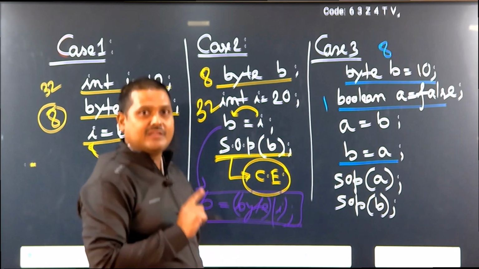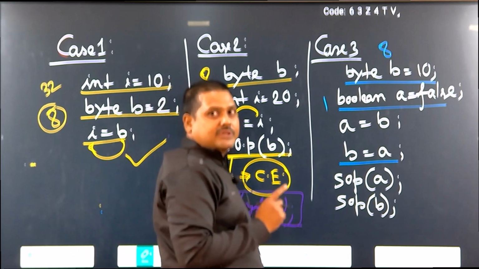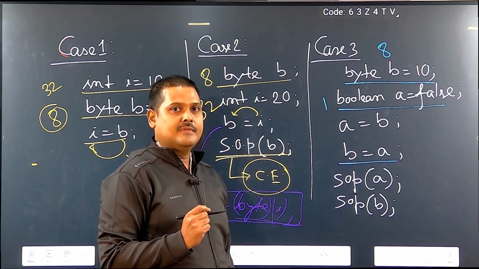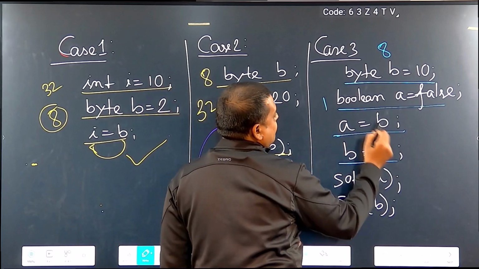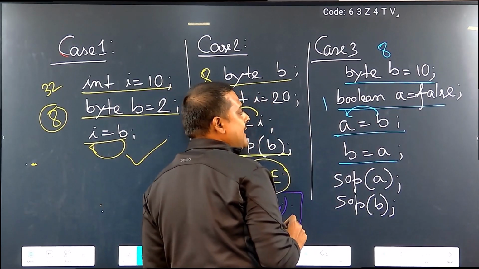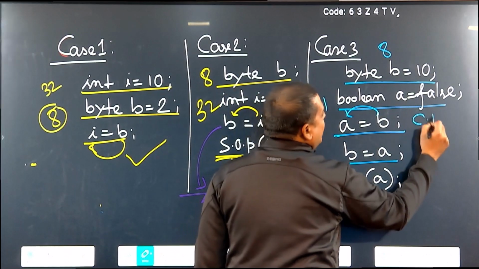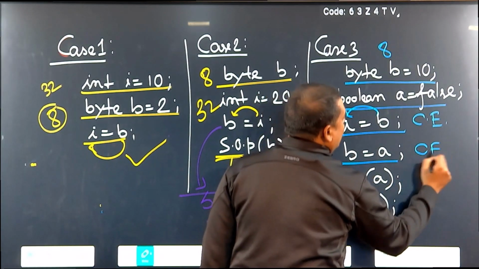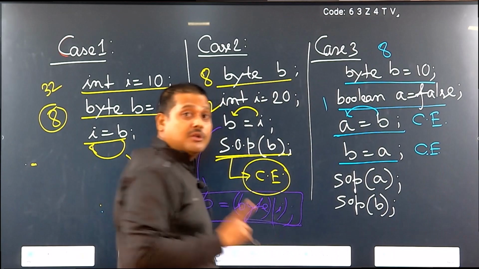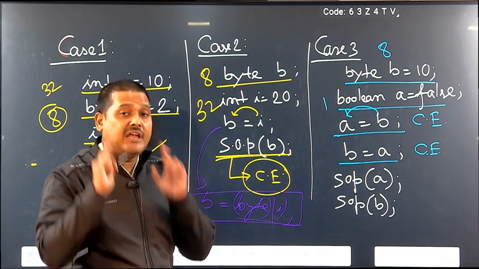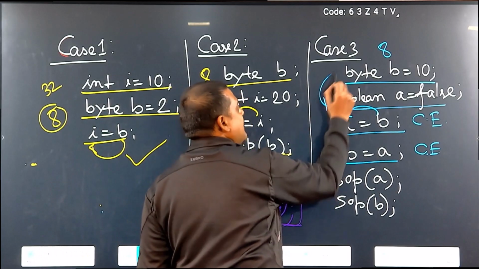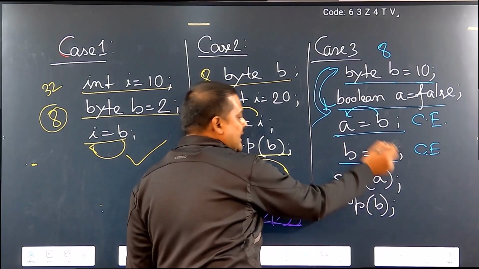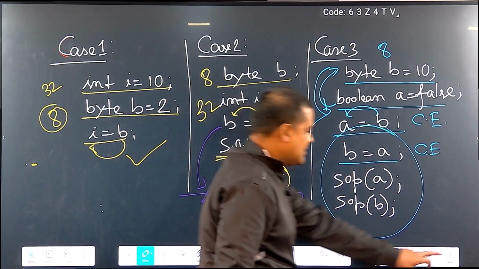Pause the video and think about it. In both cases, this will raise a compilation error. Why? Because always remember, a boolean value can never be typecast into another type. Whether it is boolean to another type or another type to boolean, it is not possible and always raises a compilation error.